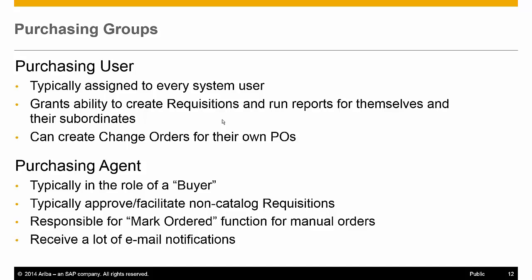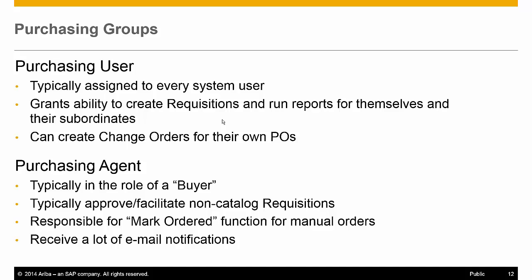Another key function of purchasing agent is for those suppliers who are not enabled on the Ariba network. For those suppliers, they will be generating what we call manual purchase orders. The purchasing agent is responsible for dispatching those POs to the supplier outside of the Ariba network, and then coming back into the P2P system and marking them as dispatched, basically marking them as ordered.